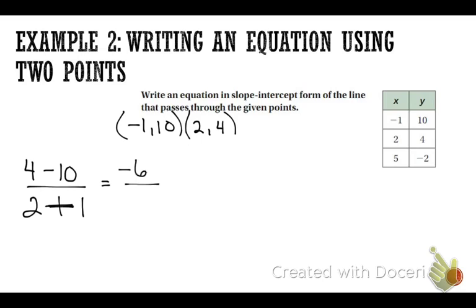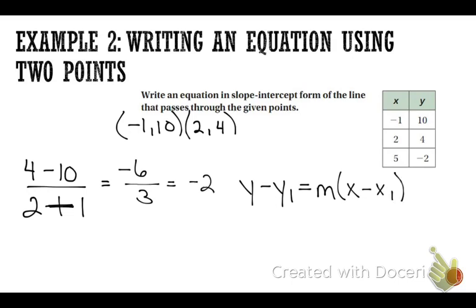Negative 6 over 3, which is negative 2. Okay, so there's my slope. That's great. Since I don't have any ordered pairs that tell me the y-intercept, I now have to use point slope form. y minus y1 equals m, which I just solved for, times x minus x1.